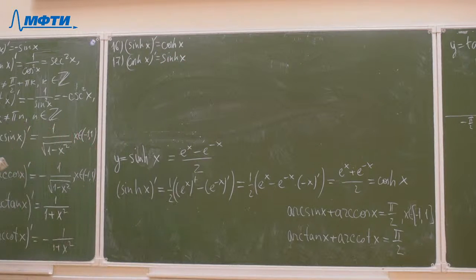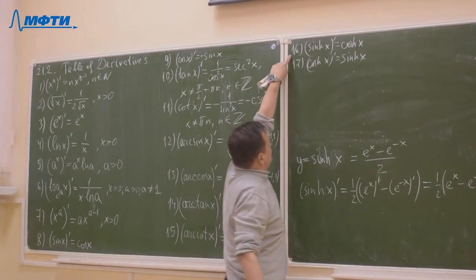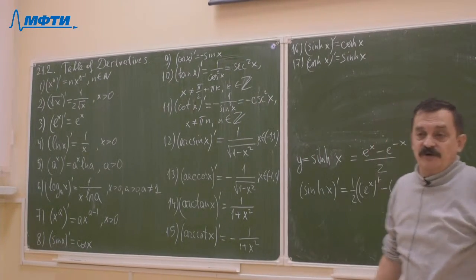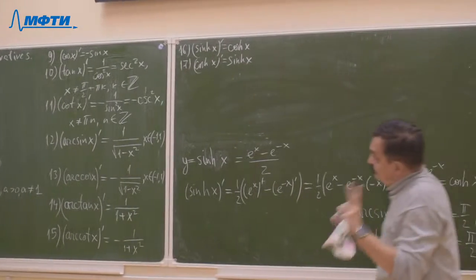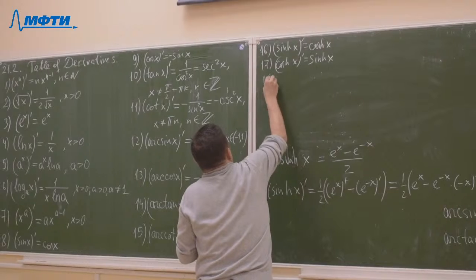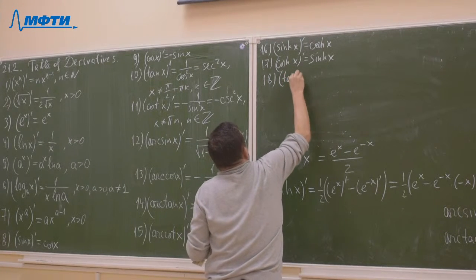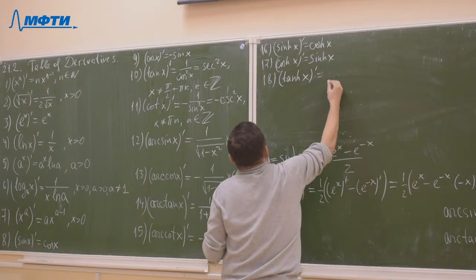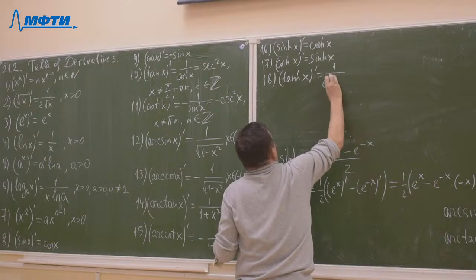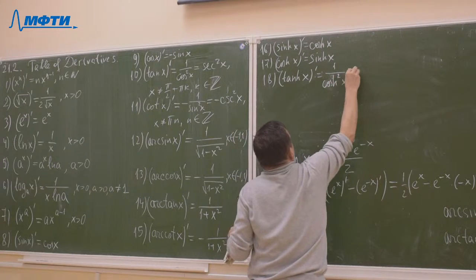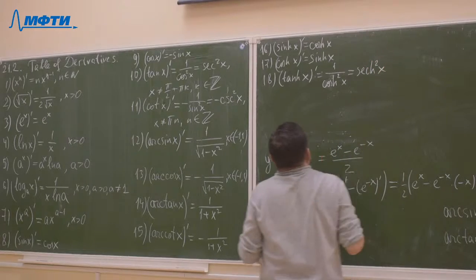So you see there is a difference between lines 8 and 9 and 16, 17. For hyperbolic, no minus, unlike for the usual functions. But for tan and cotan, it's the same. So 18th: tan hyperbolic prime is 1 over cosine hyperbolic squared x, or secant hyperbolic squared x.